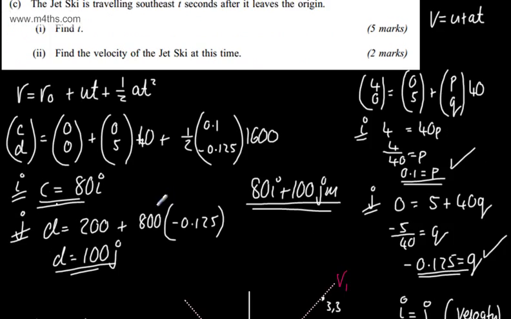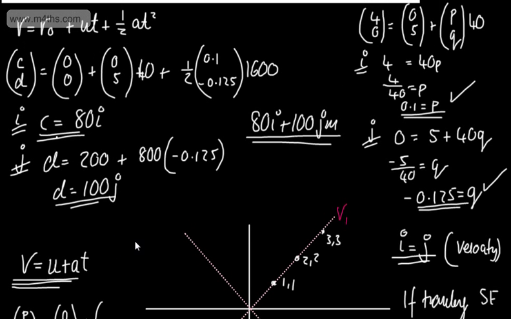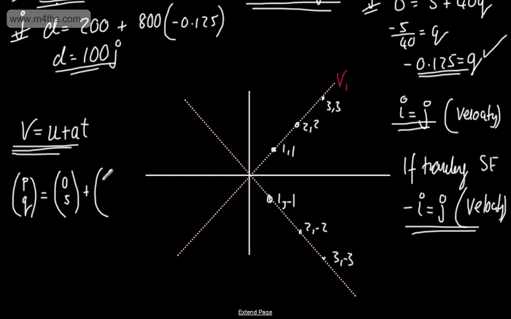And then we're going to have plus at. So we worked out the acceleration, which was 0.1, negative 0.125, and that is t. So what we can say is p must be equal to negative q, or the other way around.